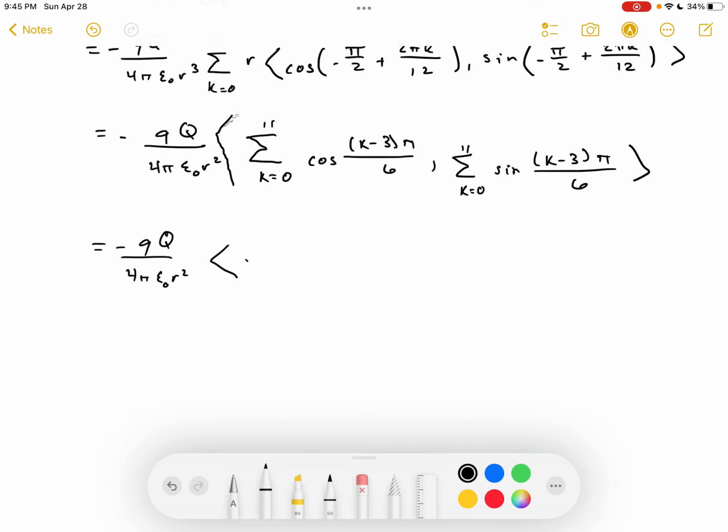And then our vector will be cosine of negative 3 pi over 6 plus cosine of negative 2 pi over 6, and that will go all the way to 8.